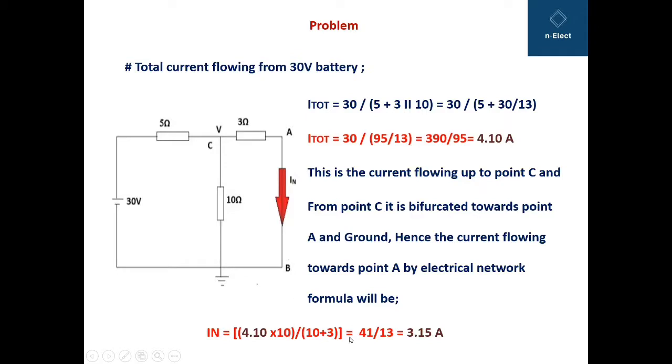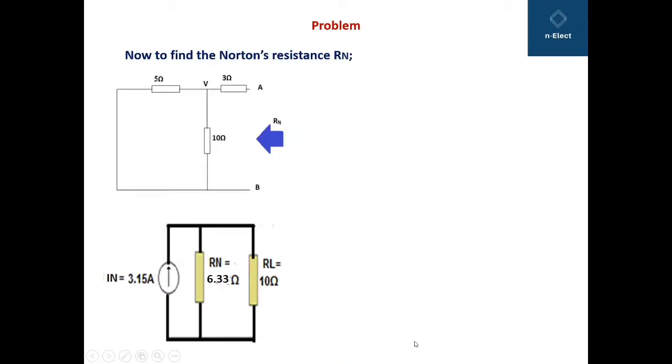On calculating, I get 3.15 ampere. It means out of 4.10 amperes, 3.15 ampere is flowing through this branch and the remaining current will flow through the other branch. So we have calculated the value of IN.